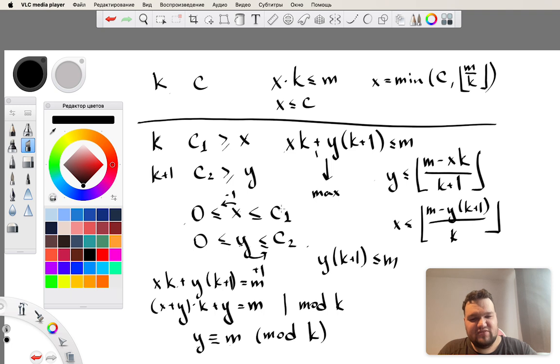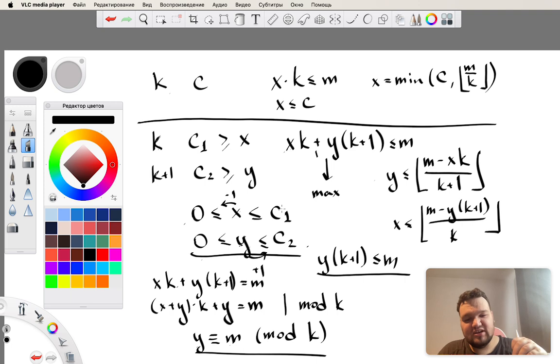And one of the ways to ensure that is to take the greatest value of y that satisfies our conditions. Like this one, and this one, because this guarantees that corresponding x will be non-negative.